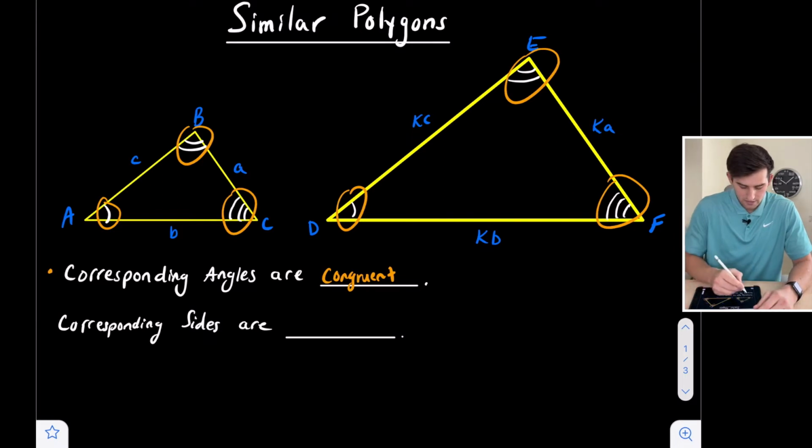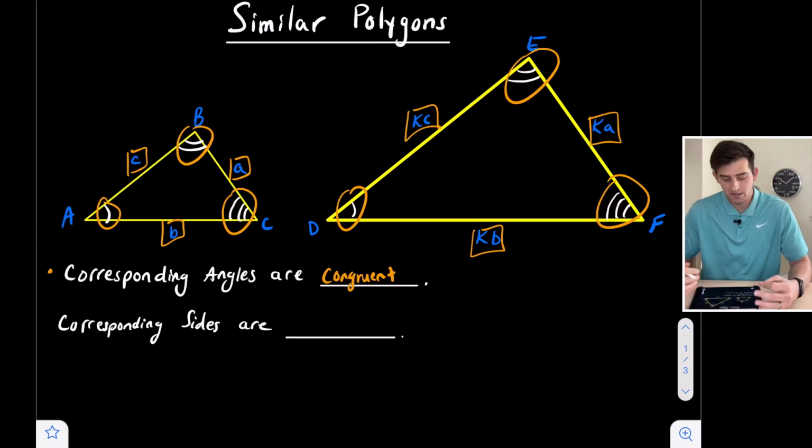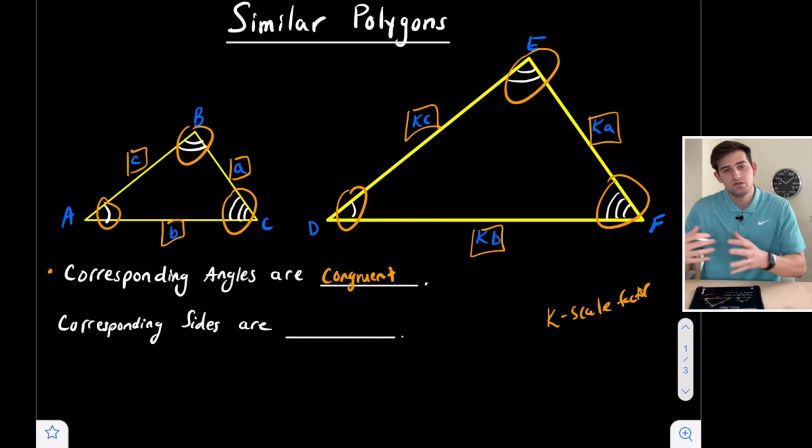Another thing we notice are these sides right here. We have side A, side B, side C. But when we look at our other triangle, we see sides KA, KB, and KC. That K is our scale factor, what we're multiplying our original shape by to get our new shape.